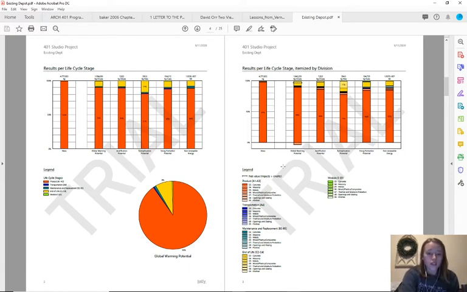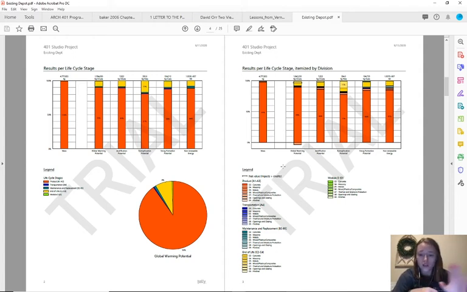Off to the left here is an overall for the products, and then for the stages and the certain categories: global warming potential, acidification, eutrophication, all that. And then off to the right you can see it's sorted out by the materials that you've assigned to it within Tally.